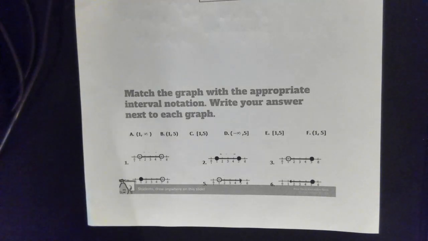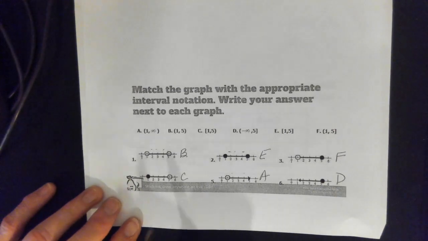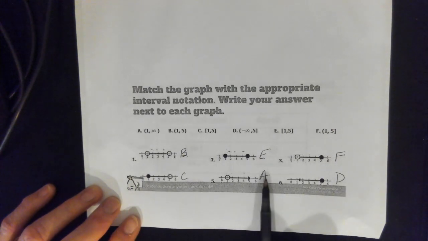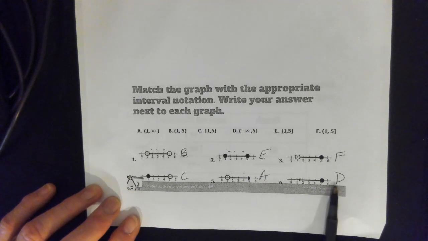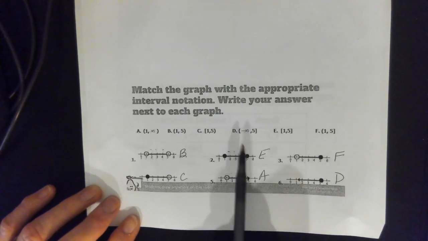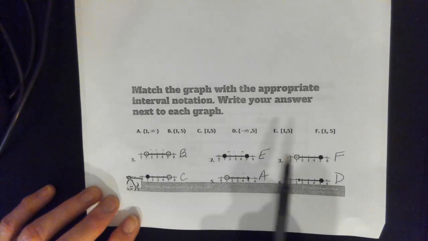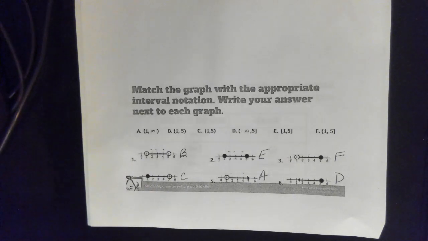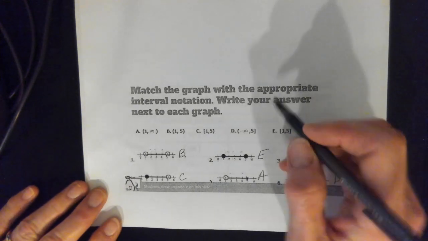Okay, so here are the answers that you should have gotten. On here, B, E, F, C, A, and D. And you can see D and A have infinity, and they're both with parentheses. So the question comes up, these are all ands, right?